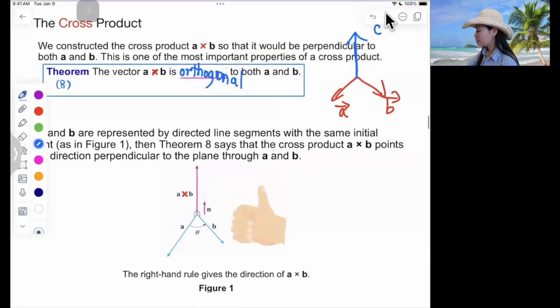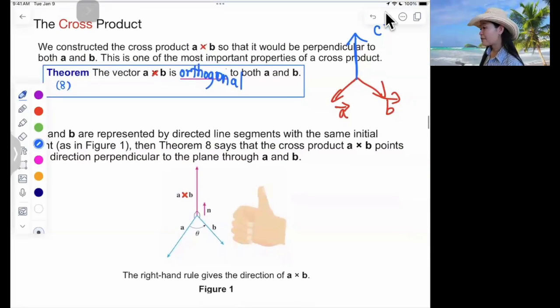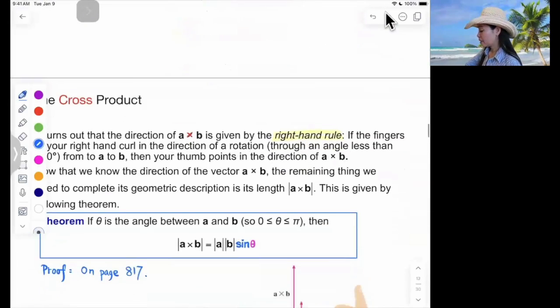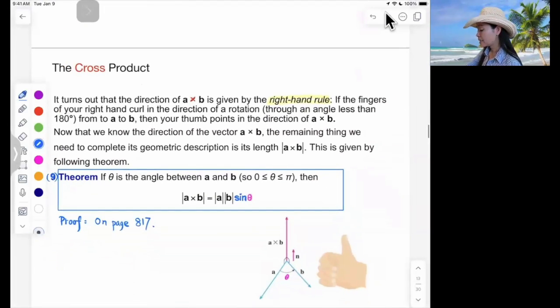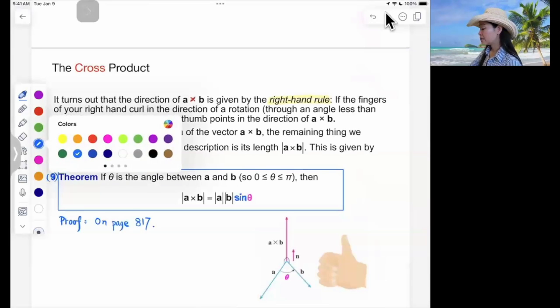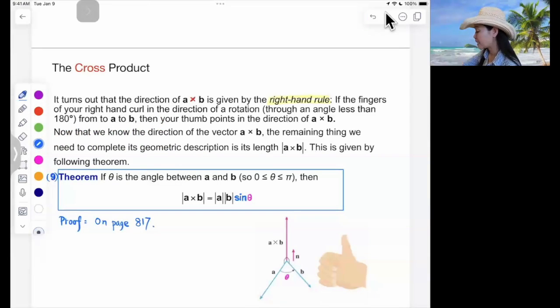Okay, and so what would be the direction of the cross product according to what kind of rule? The right hand rule. Just like the other one we talked about last time. Do you remember last time, the dot product? If you have the dot product of A and B, do you remember there was a theorem?